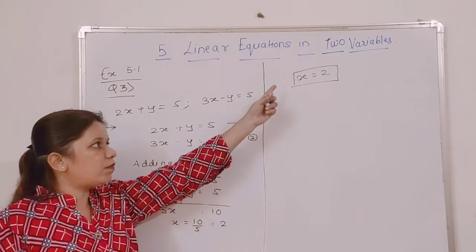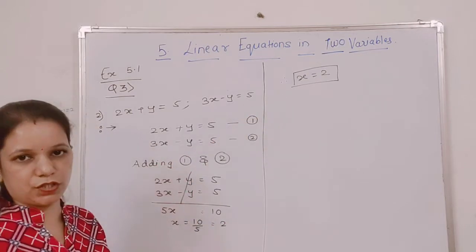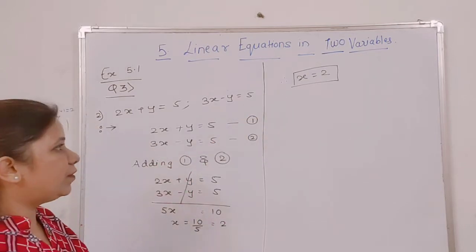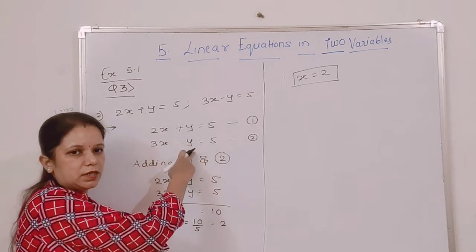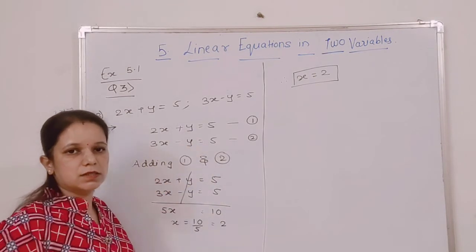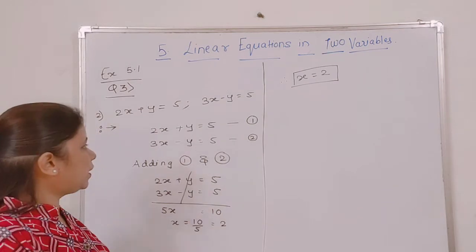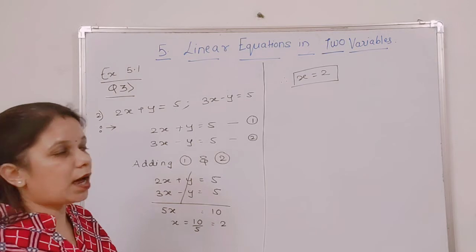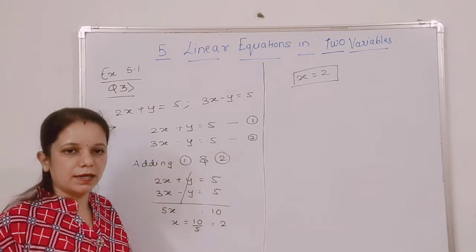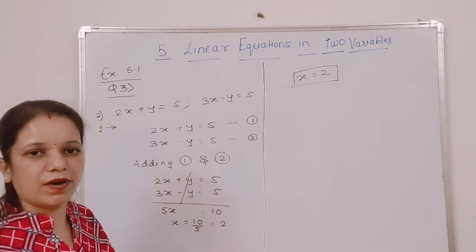Now this value of x which we have found, we will substitute in equation 1 or in equation 2 as you wish. Both the equations में से किसी एक इक्वेशन में आपको इस x की वैल्यू को डालना है. So I will prefer equation 1.